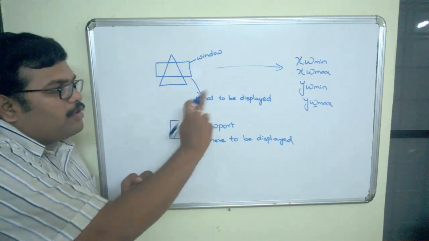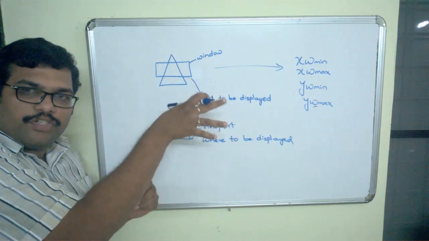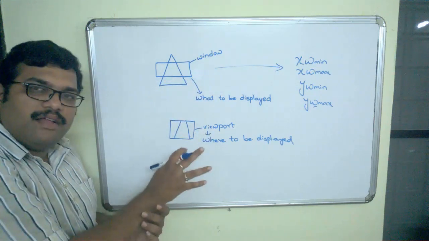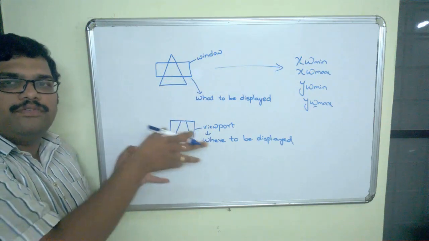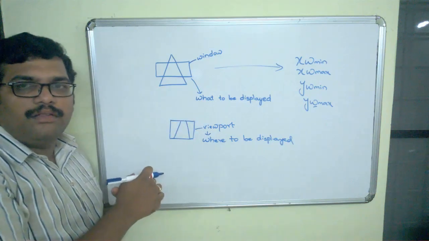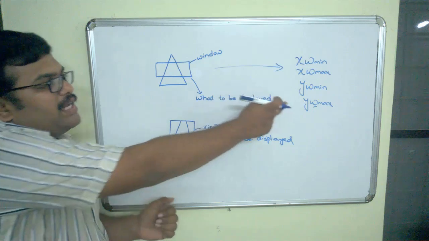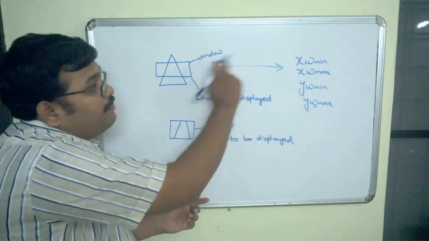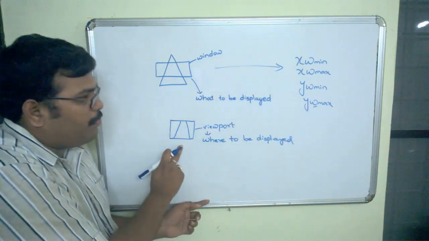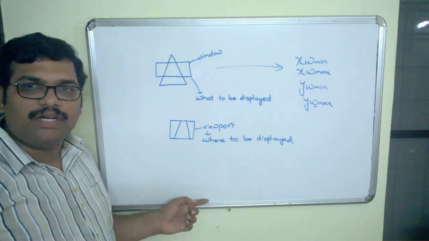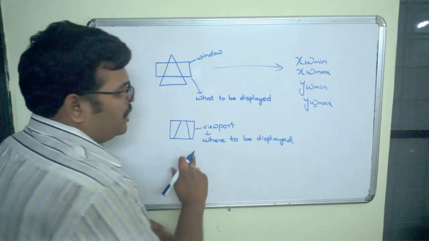So a window is what portion of the object should be displayed, and viewport is where this portion should be displayed, that means on device coordinates. So this can be called window coordinates. And the boundaries of a viewport we will call device coordinates, or viewport coordinates, whatever it may be.